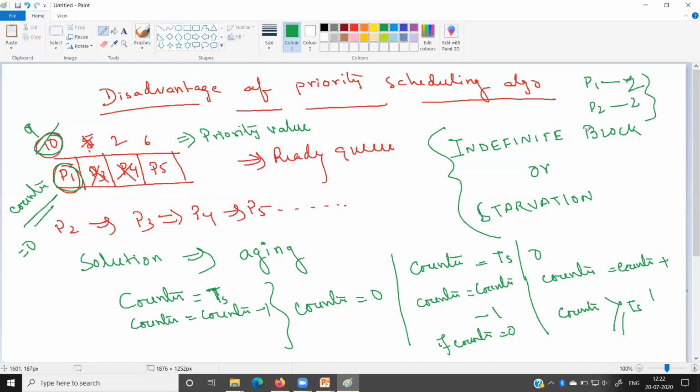And as we are doing so, after a certain time, the process will get the lowest priority value, or the higher priority. So the process will get a chance for execution. Fine. So this is all about the priority scheduling algorithm.